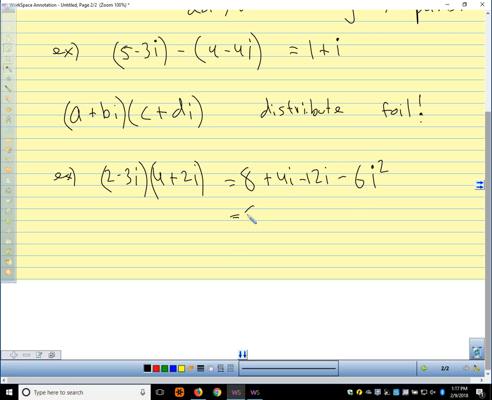And now I'm going to say this is 8, negative 12i plus 4i, and then i squared is negative 1, so that's going to be plus 6. So it's 14 minus 8i. Oh, the 12 is negative. Thank you.